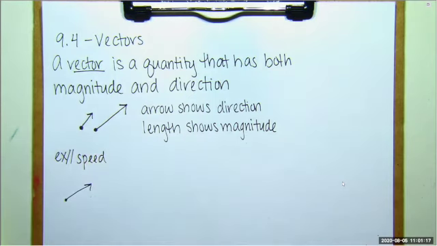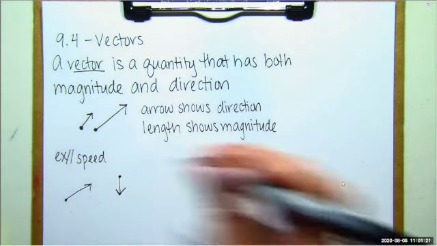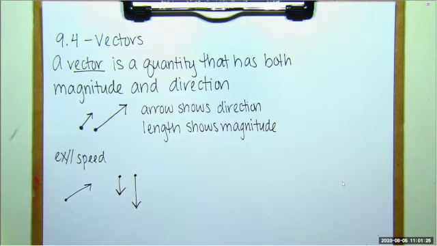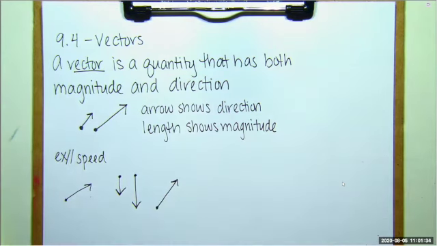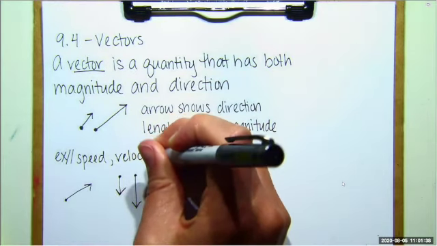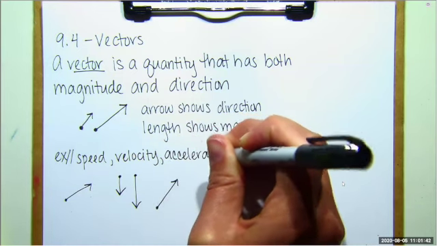Or if we are driving a car due south, and we drive that car faster, the length of the arrow would be longer. If we have an airplane taking off, maybe it's steeper with a bigger magnitude. So speed, which is also velocity, acceleration, all of these things that you see in physics.